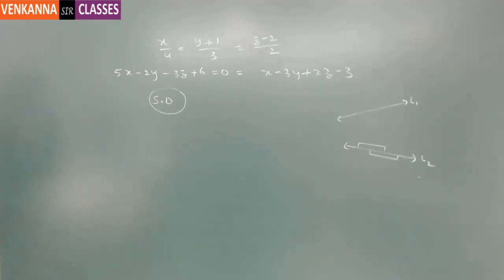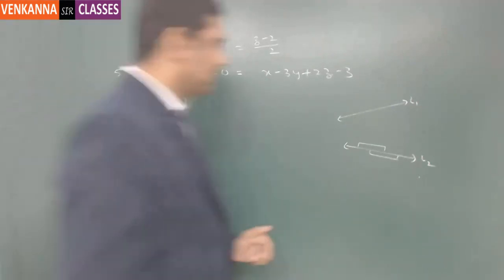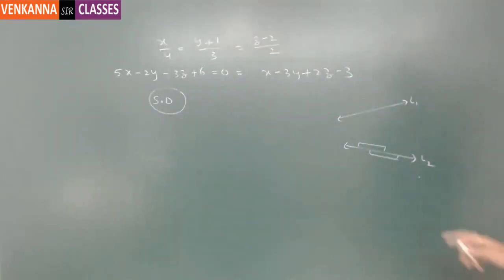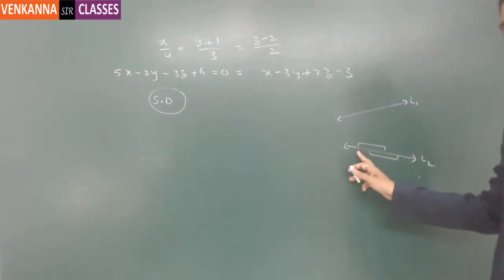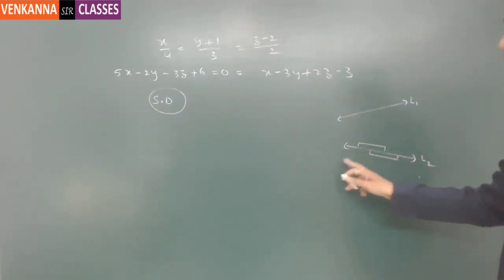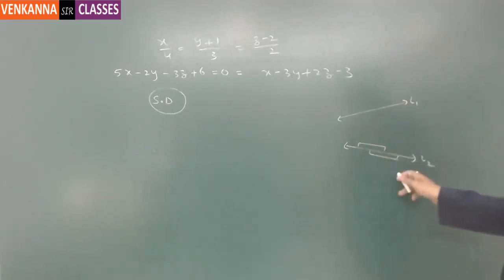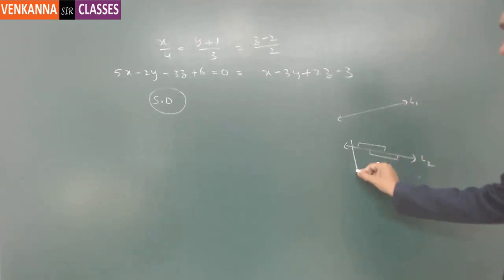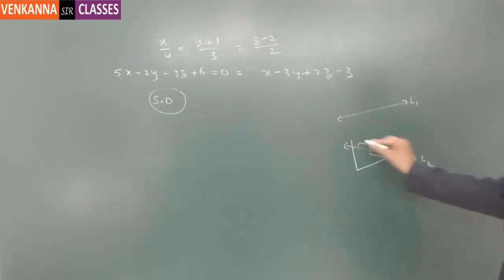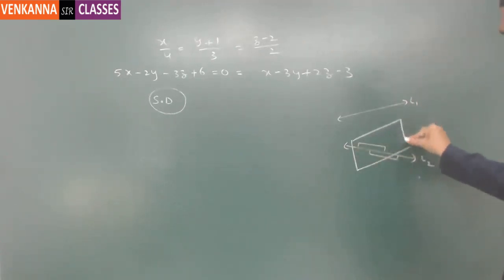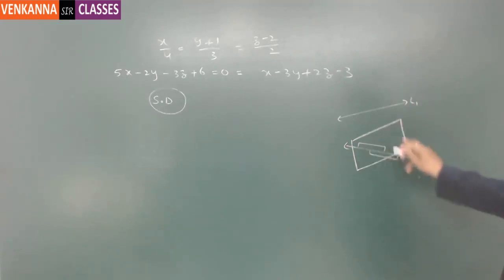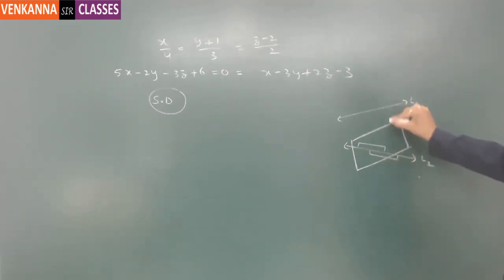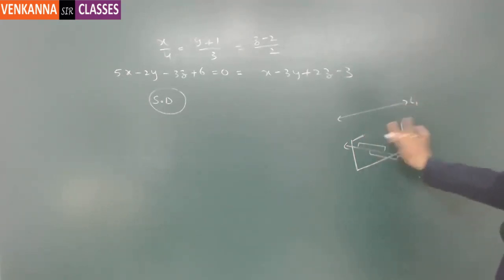Right? So I say that let us calculate a plane which is passing through the second line and parallel to the first line. So I want to construct a plane which is passing through line 2 and parallel to line 1. So let us imagine this, it is coming to be like this.